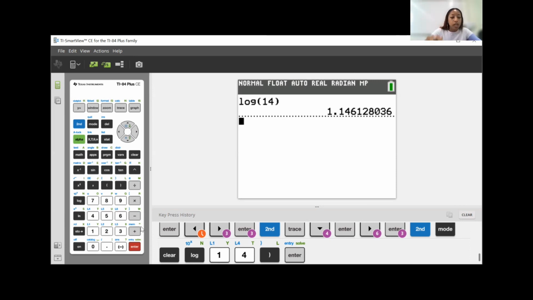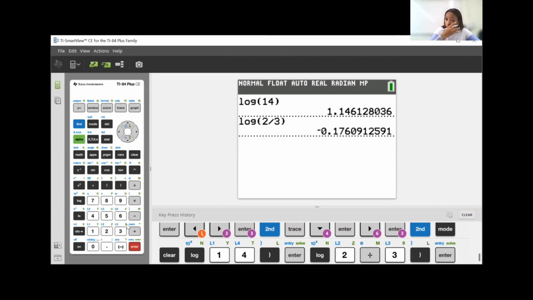All right, next one, log of 2/3. That's log of 2 divided by 3. We hit enter, we get negative 0.176. Oh, that was actually C. I did these out of order. That's okay though. Next, we have 2 natural logs.